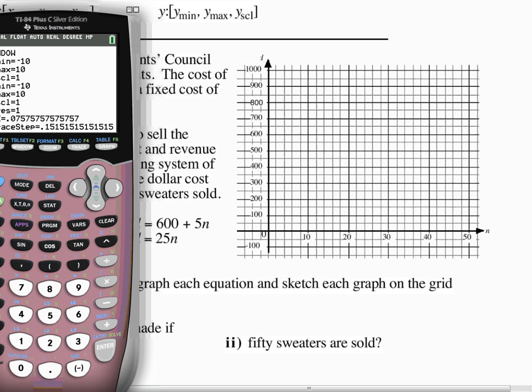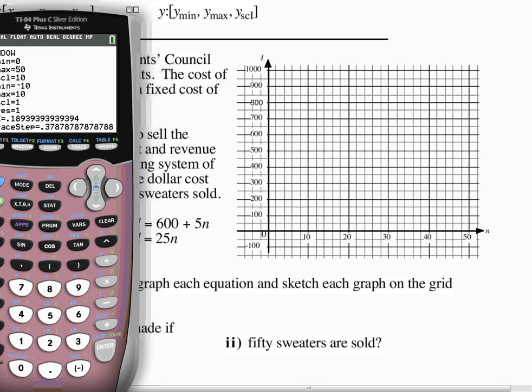X was going from 0 to what? On the graph it's given. So push the window button. What do we see on the graph that's given? X is from 0 to 50. And they're going up by how much? 10.